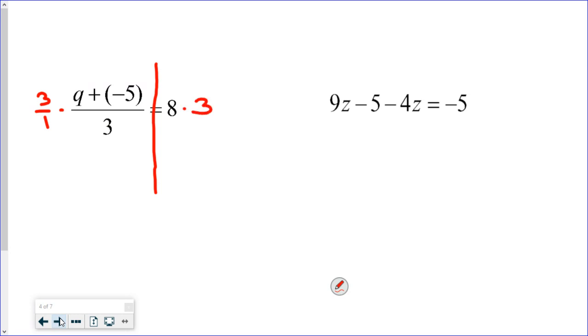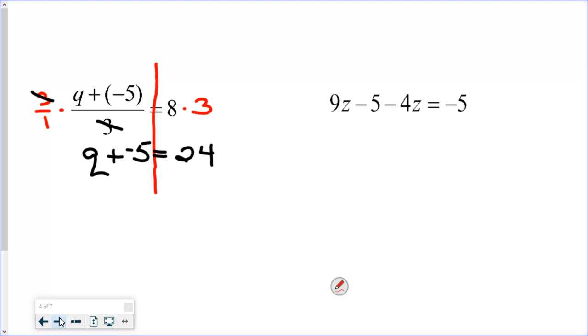Multiplying by 3 or 3/1. So this only happens when you have a mini equation on the top of a fraction. Cancel those out. So you have q plus a -5. The only reason that's in parentheses is so you don't get the negative and the plus confused. And that gives me 24.